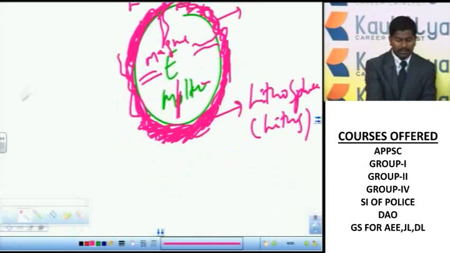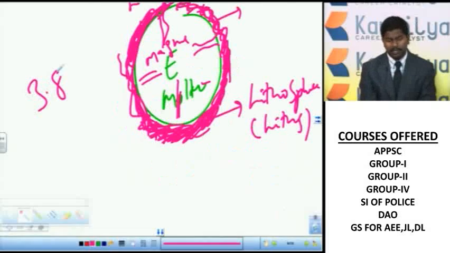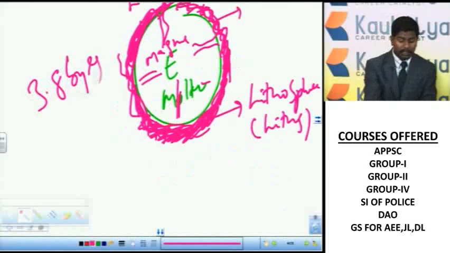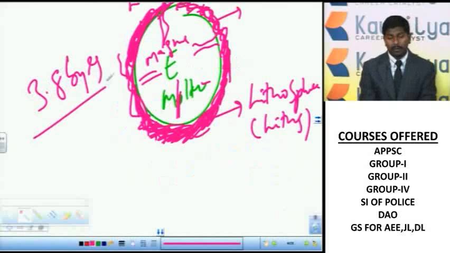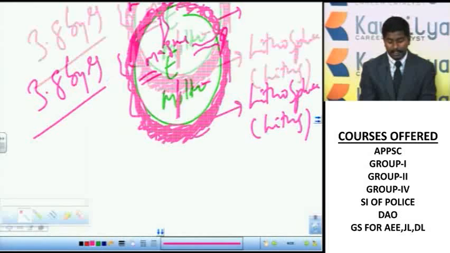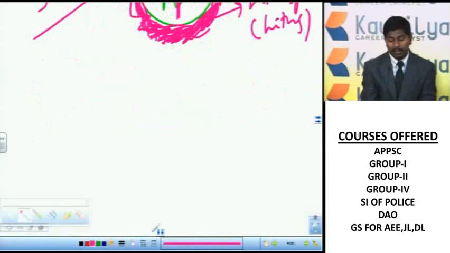Now what happened after the formation of the lithosphere? This lithosphere had been developed over the surface somewhere around 3.8 billion years ago. How the present day continents and oceans came into being over that surface is the subject part. By this time this earth was completely composed of the lithosphere.